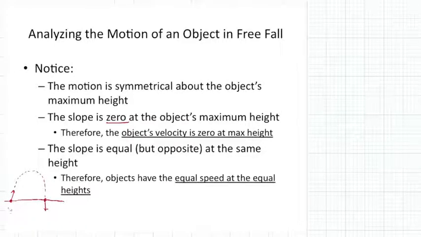So if we say this velocity right here equals, I don't know, 10 meters per second, after reaching the maximum height and coming back down to the same level as before, the velocity would equal negative 10 meters per second. It hits with the same speed as it was propelled upwards originally. So at equal heights, objects have equal speed.